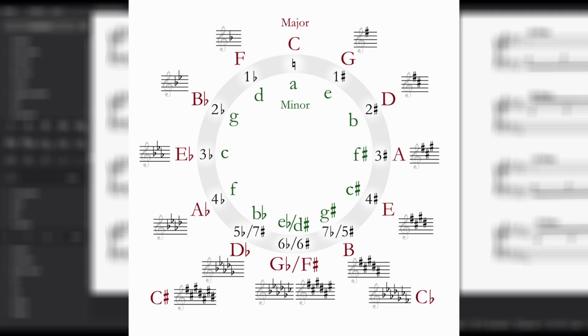Our F sharp major scale is enharmonic to our G flat major scale, with 6 sharps for F sharp major and 6 flats for G flat major. And finally, our C sharp major scale with 7 sharps is enharmonic with D flat major with 5 flats.